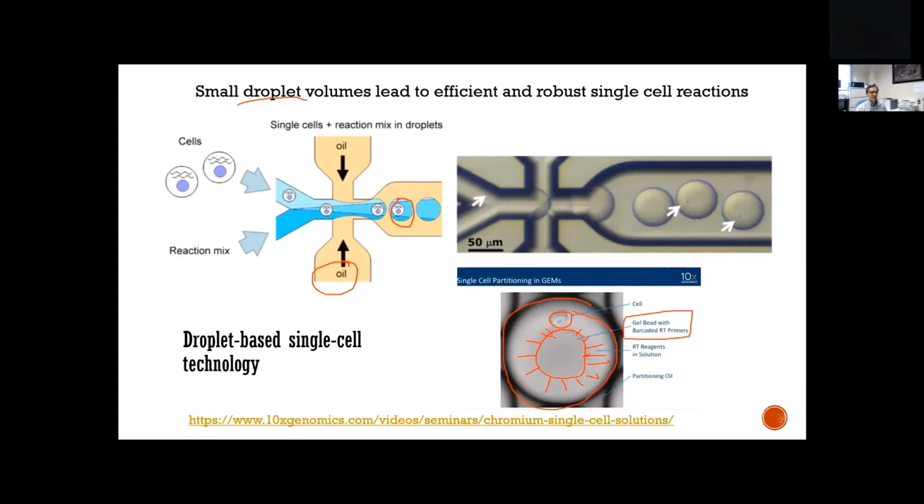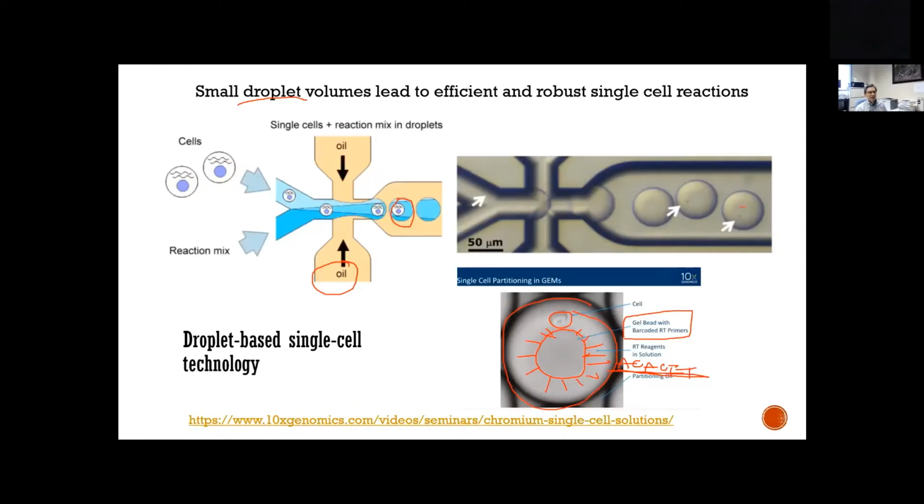For example, this particular gel bead will have A, C, A, C, T, T. So if this gel bead captured this cell and is encapsulated by this droplet, all the cell content, once it's lysed, will be labeled by this particular barcode, ACACTT.